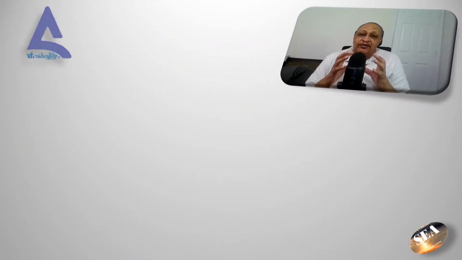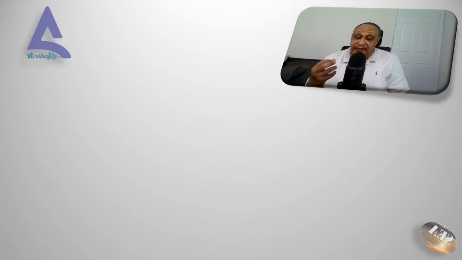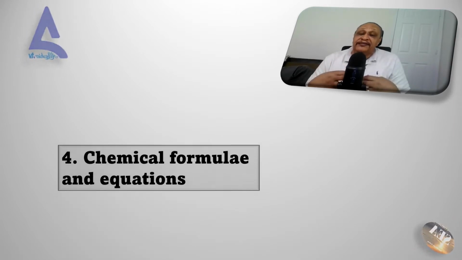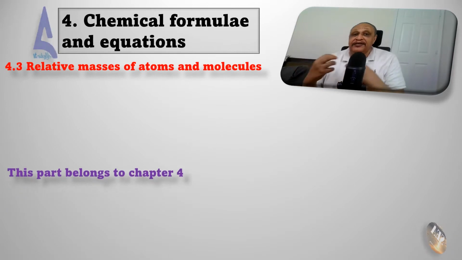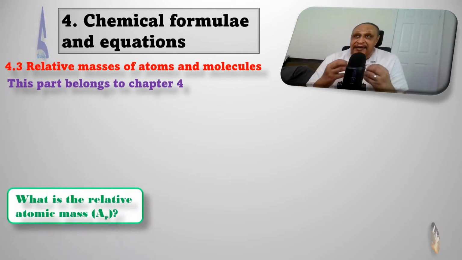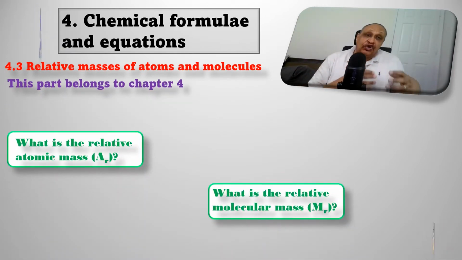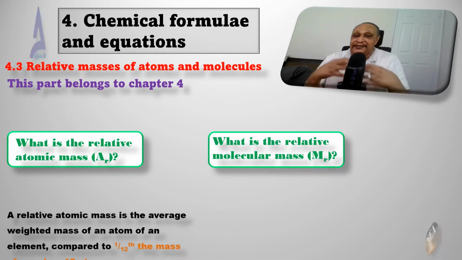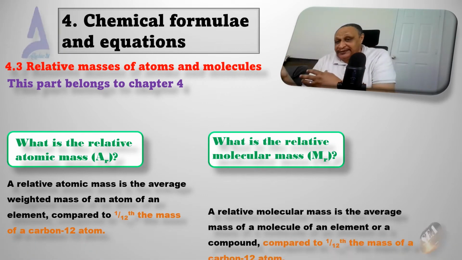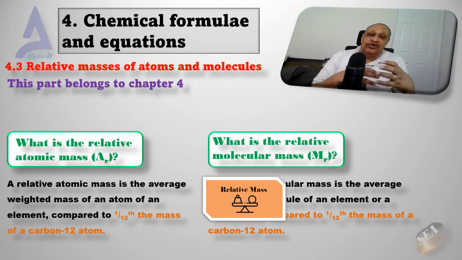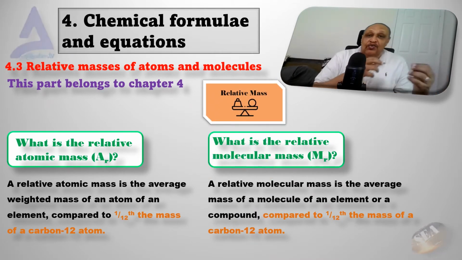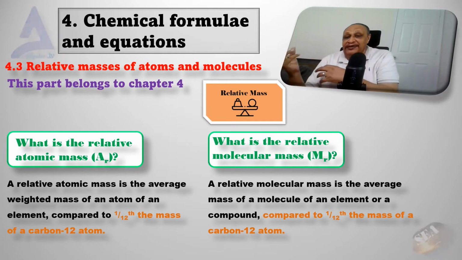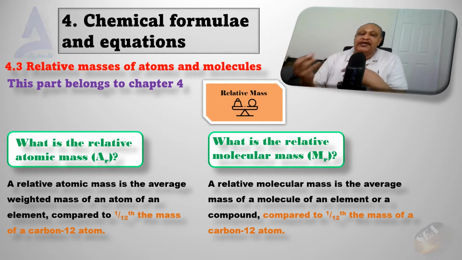Okay, when we start to weigh something, we always relate this something to another thing. So we can say, for example, your height is twice the height of someone else, or your height is X while his height is Y. So we compare things together.